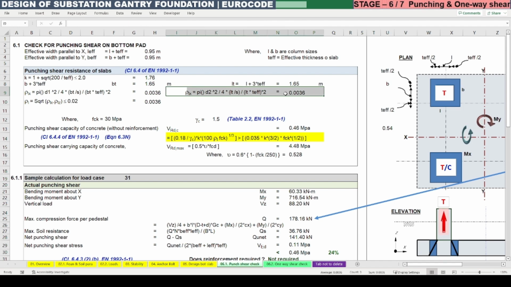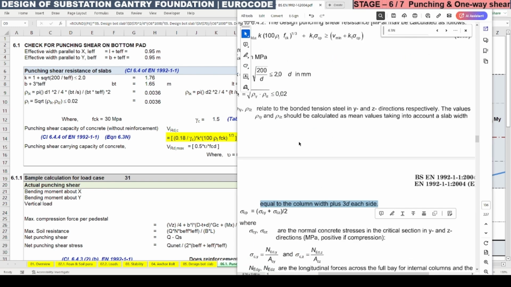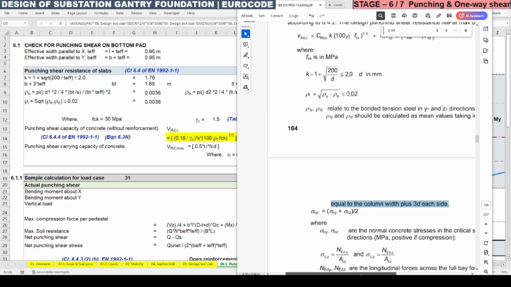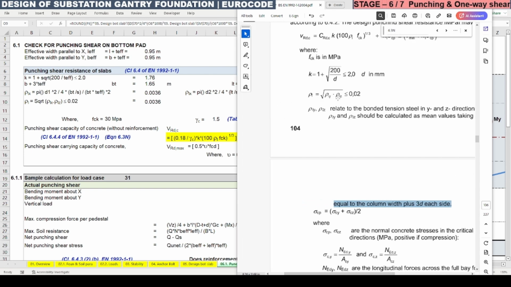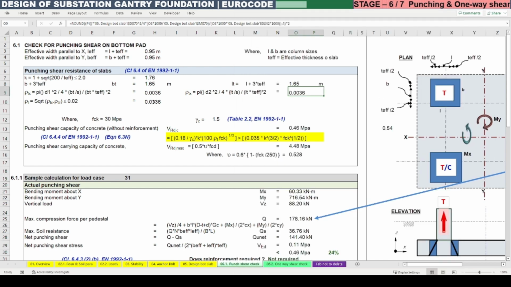Similarly, for the other side also it is the same value, 0.036, and as per the code requirement we need to use this formula, square root of rho y into rho z, which should be less than or equal to 0.02. Applying this, we are getting 0.036 as the percentage of steel reinforcement.